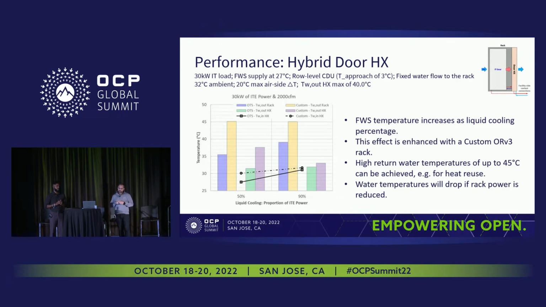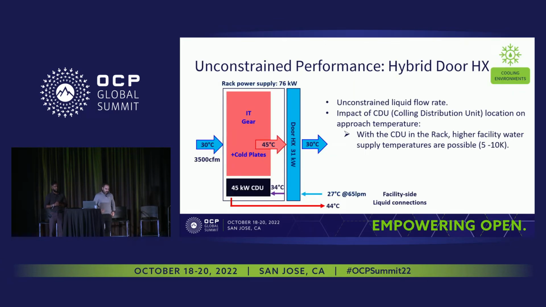This effect is also enhanced with the custom OpenRack V3 rack. So this is a sample with unconstrained liquid flow rate.